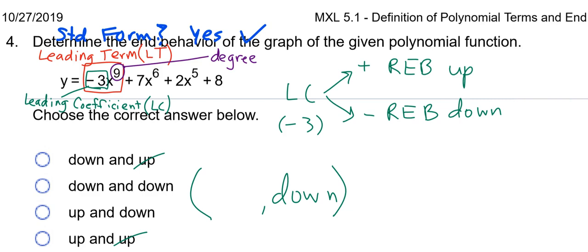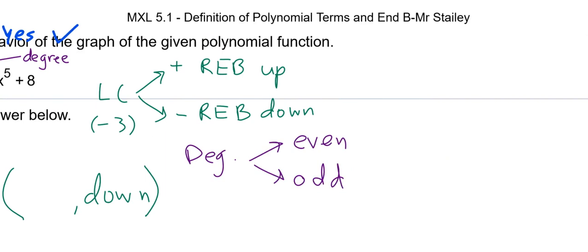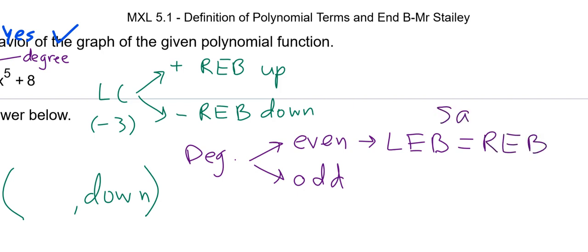Okay, next, the degree. The degree is either going to be even or odd. If the degree is even, then that means that the left end behavior is equal to the right end behavior. In other words, they are the same.